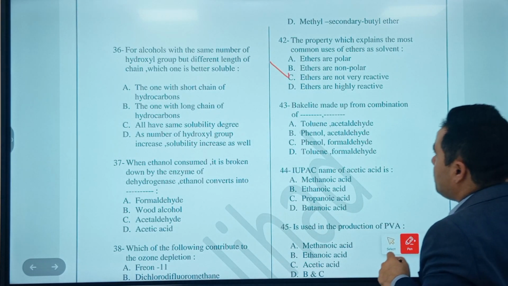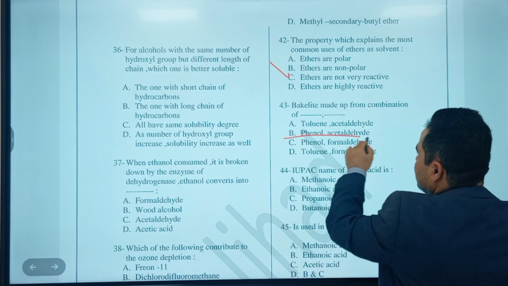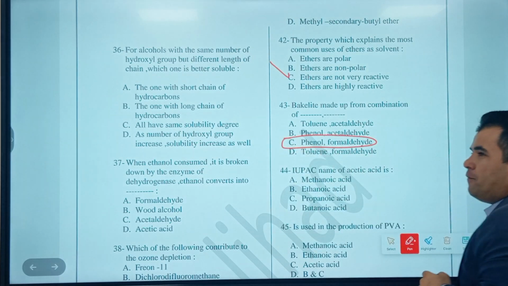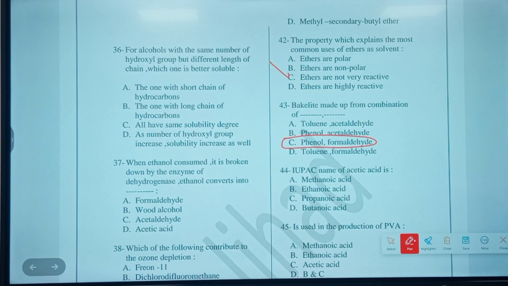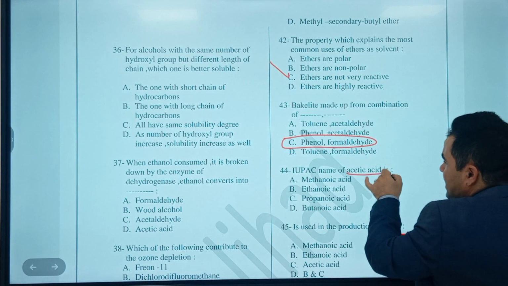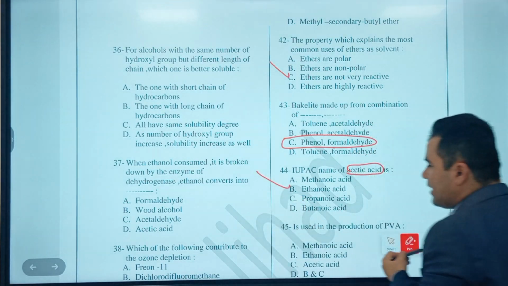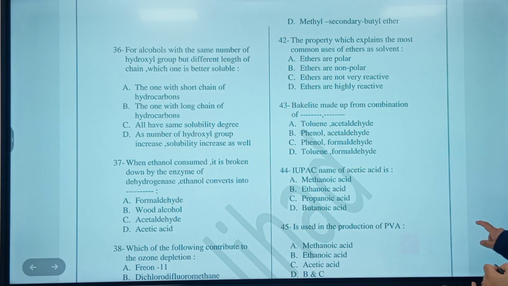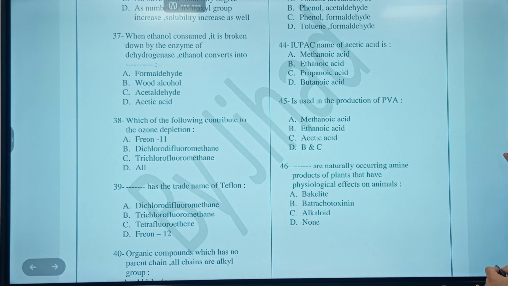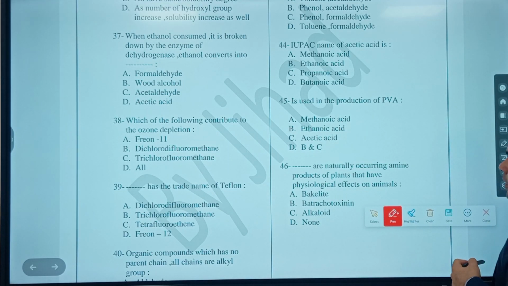Bakelite is made from a combination of phenol and formaldehyde. The IUPAC name of acetic acid is ethanoic acid. B is the correct answer. Which is used in the production of PVA, polyvinyl acetate?